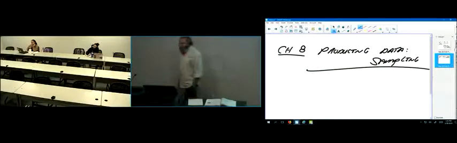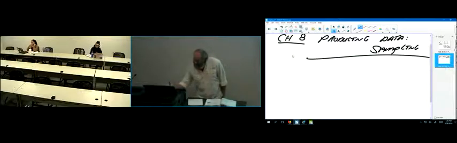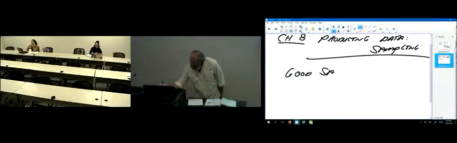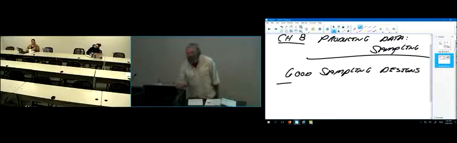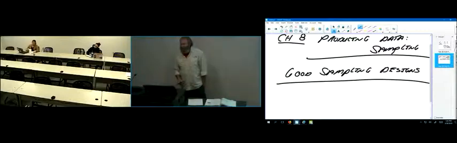And where I left off is I was looking at good sampling designs, right? One that used chance. And I'm going to start numbering again for you. Good sampling design. Another way to think about good is these are not biased. They don't systematically favor certain outcomes.